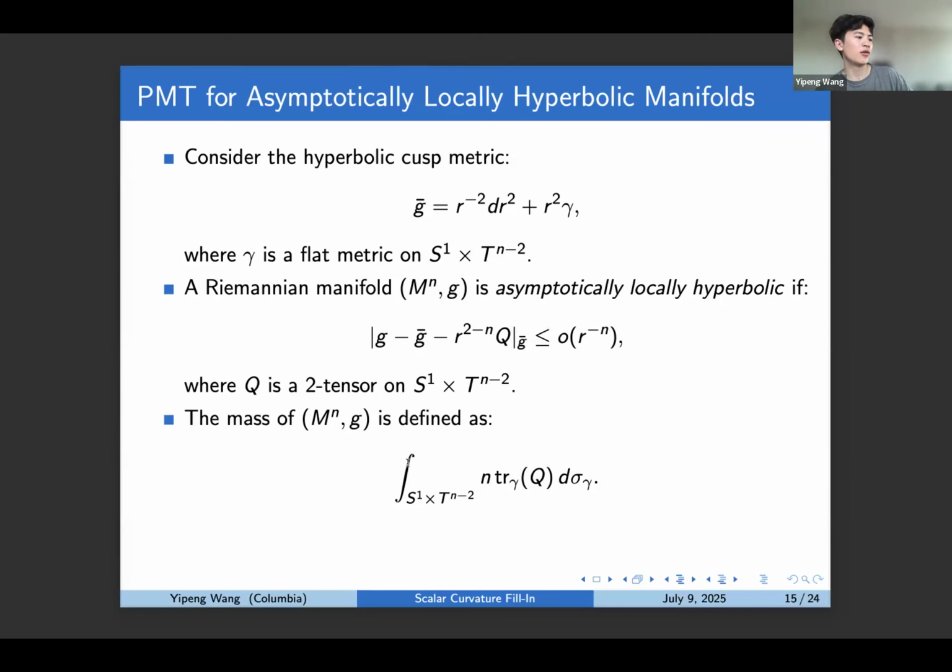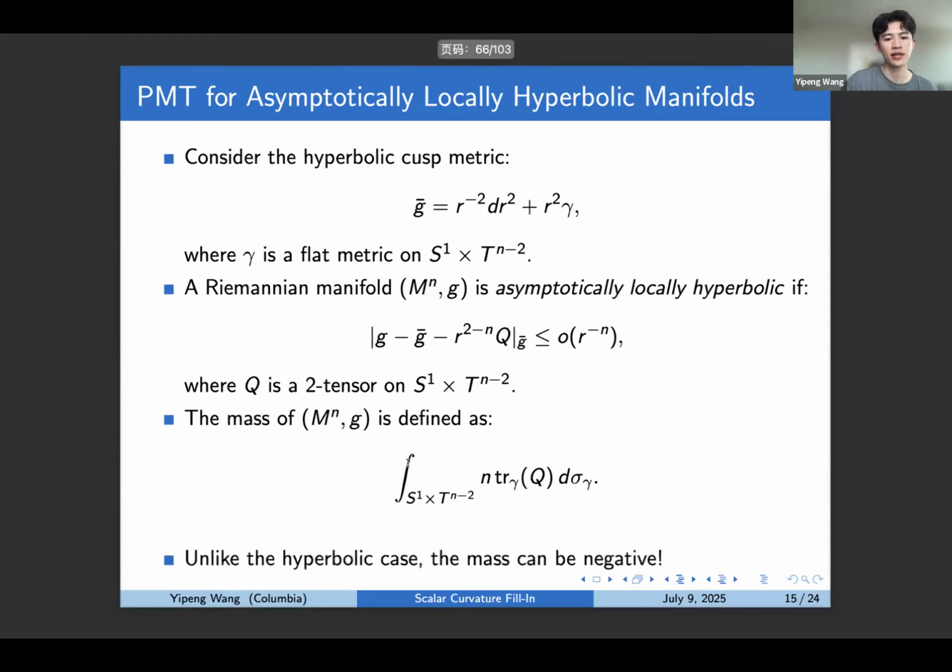Recall that in the previous case, I was explaining this definition by Yipeng Wang. In the asymptotically hyperbolic case, you just integrate the trace of the next order expansion of your Riemannian metric at the conformal infinity. So now we're doing exactly the same thing right here. So that's the mass defined in this context.